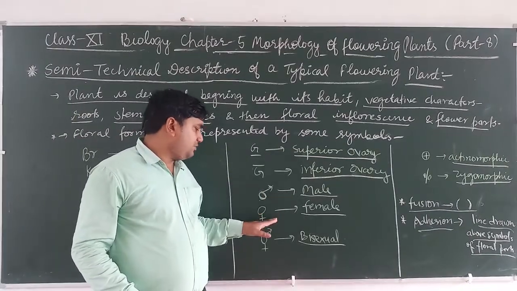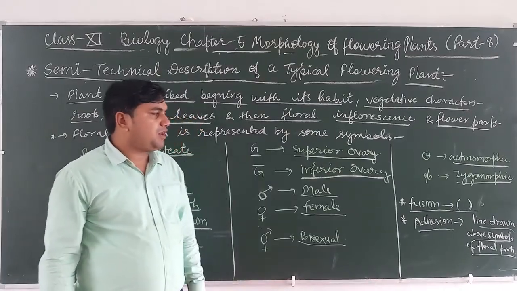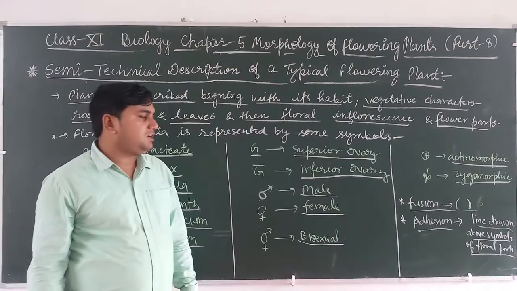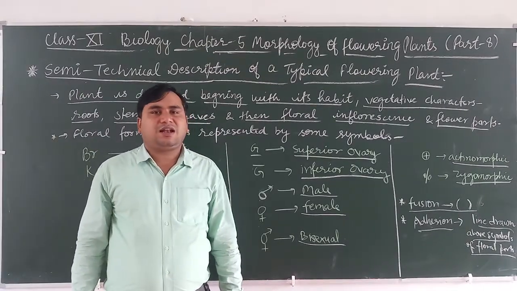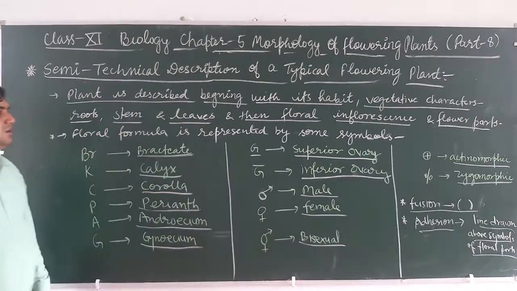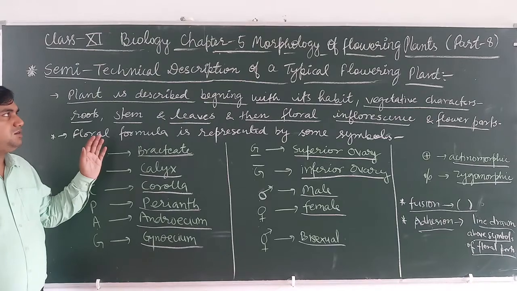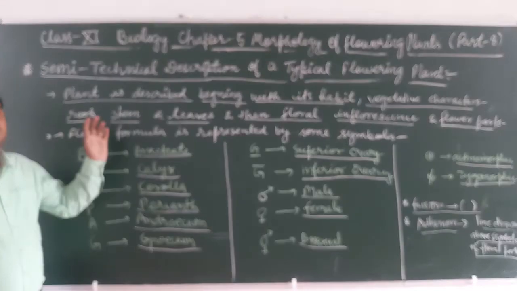This is male, female, bisexual, actinomorphic, zygomorphic, fusion within brackets, and adhesion by a line drawn above the symbols. So this is the representation and description of flowering plants.